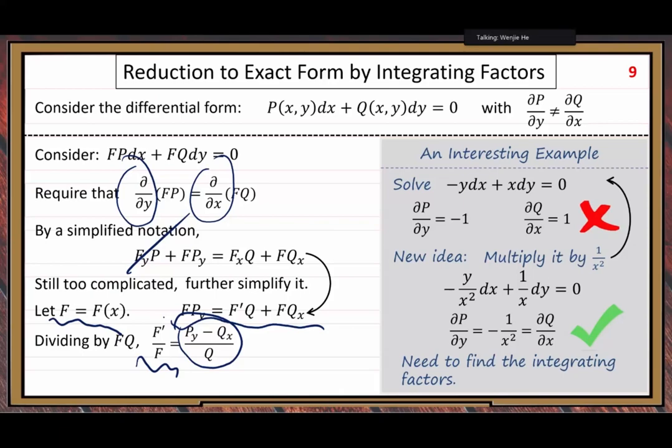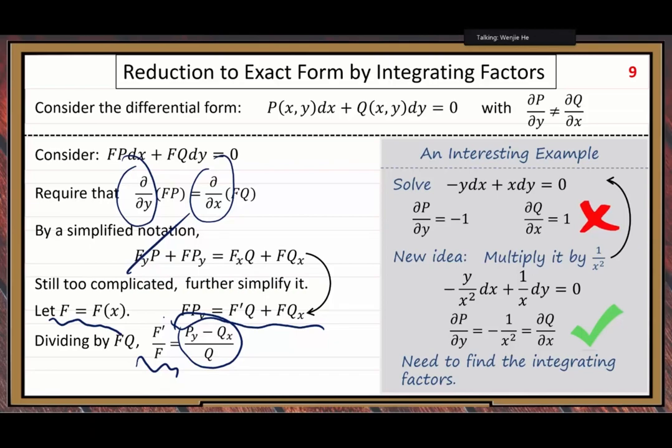Still, because F is a one variable function with respect to x, F prime over F is also a function of x. No y, right? Look at the left-hand side. F prime over F must be a function of x and no y, based on our assumption.